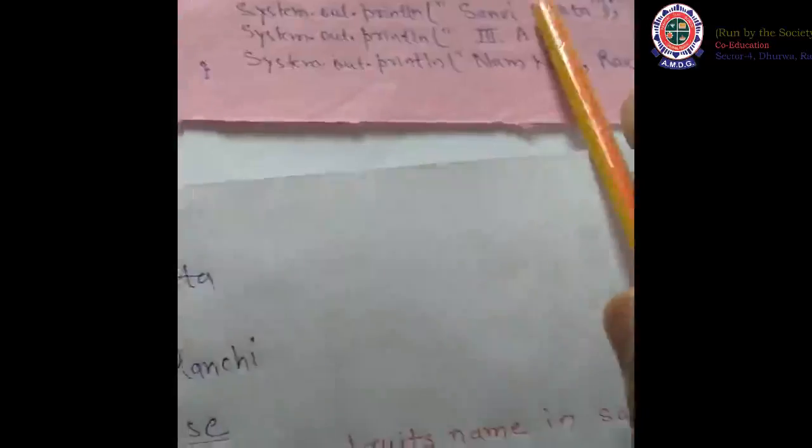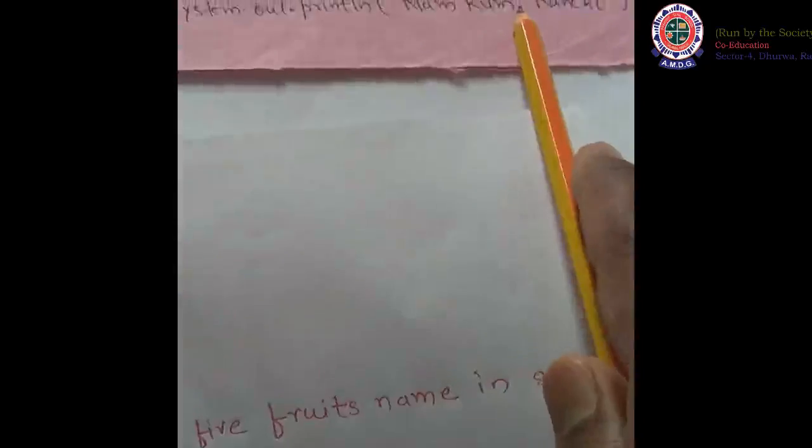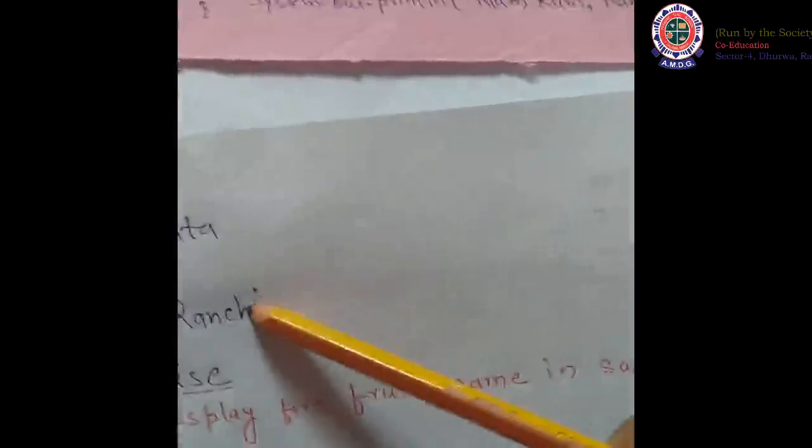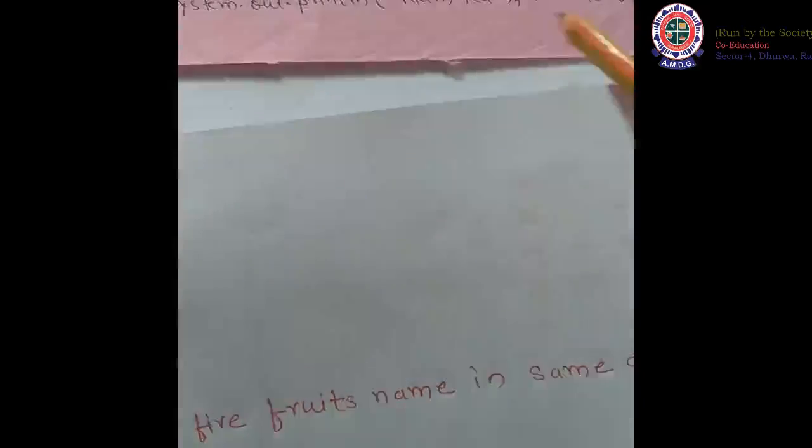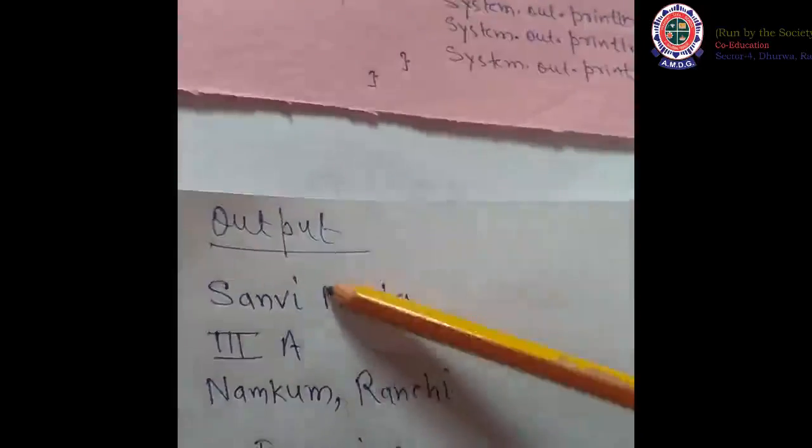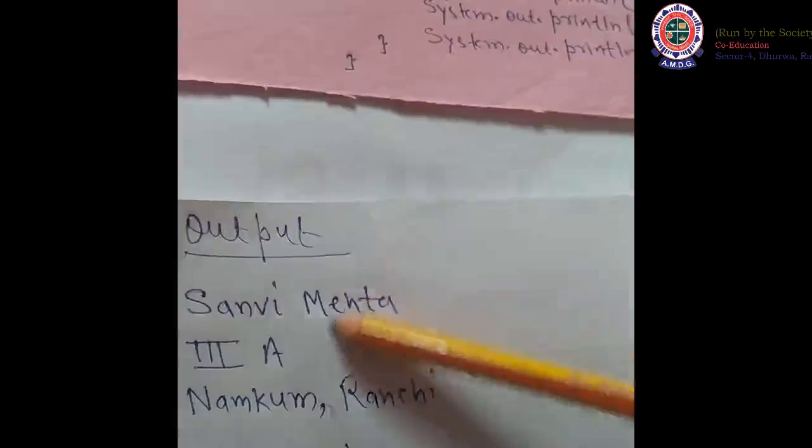As it is written here, the same result will be here. Here there is a comma, so the output will have a comma too. These three outputs are coming in three different lines.